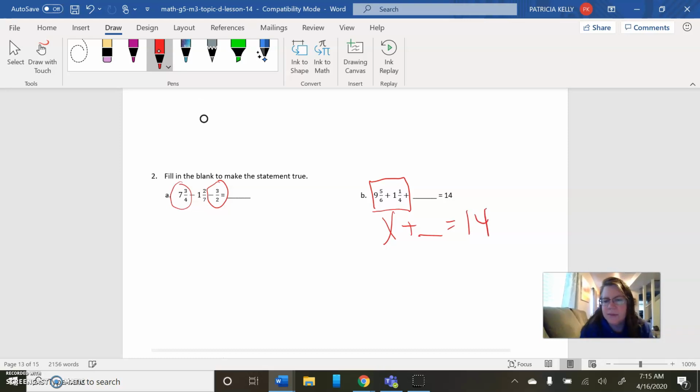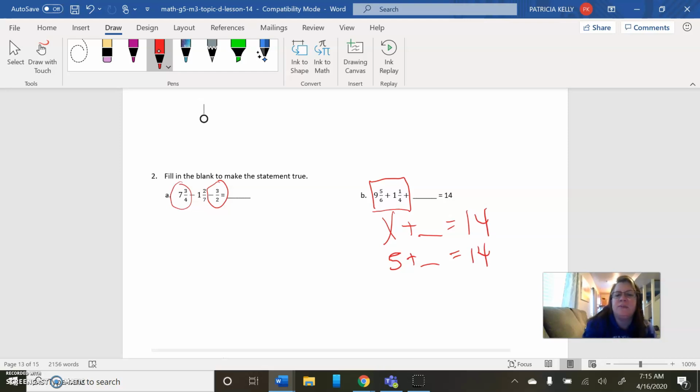Well, let's pretend that this was a whole number right now. Okay. So if I said I had 5 plus something equals 14, and it's not 5, obviously we know that because 9 plus 1 would be bigger than 5, okay? But if I had 5 plus something equals 14, how would I figure out what's missing?